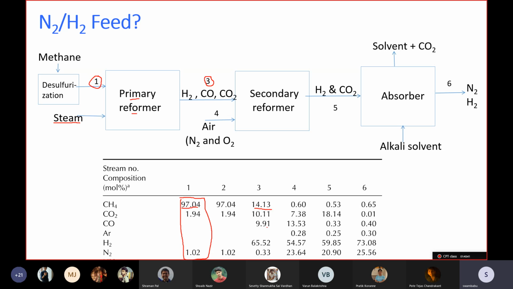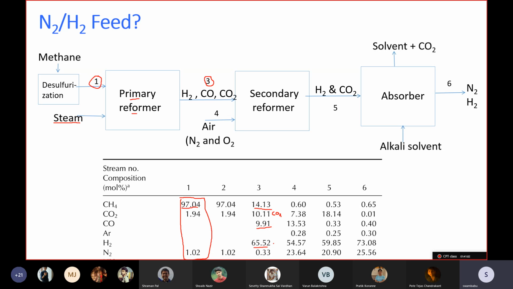And here we have carbon monoxide, hydrogen and CO2, all three present.